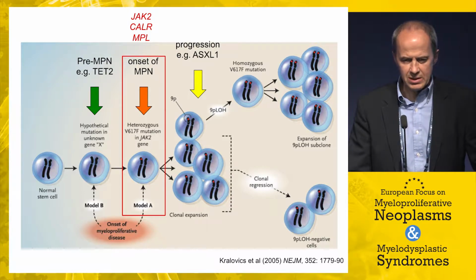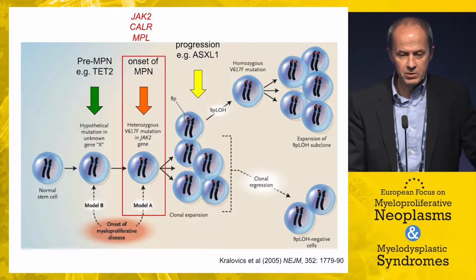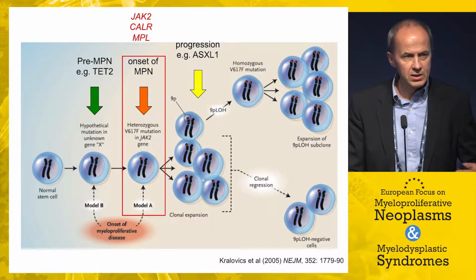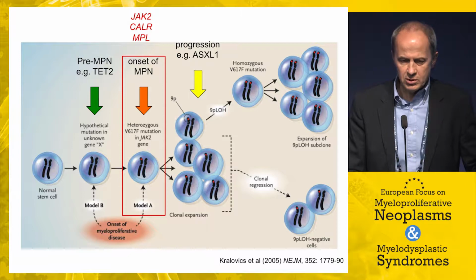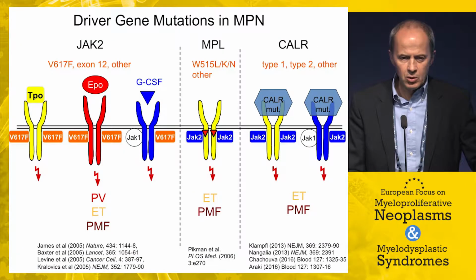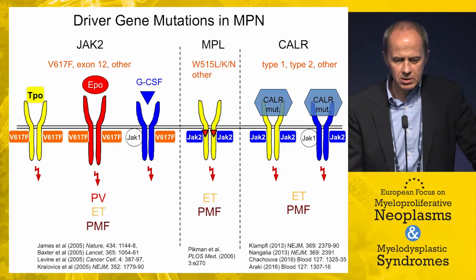And today clonal hematopoiesis as a pre-MPN phenomenon has been firmly established through sequencing in elderly people with otherwise normal hematopoiesis. The 3 driver mutations are depicted here, and they all center around the 3 main signaling pathways that regulate the numbers of platelets: thrombopoietin with its receptor; red cells, the erythropoietin receptor; and G-CSF and its receptor.